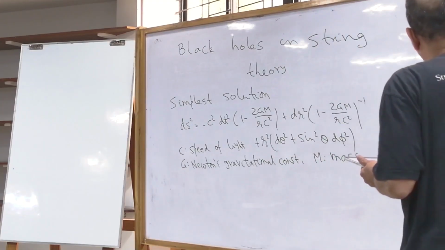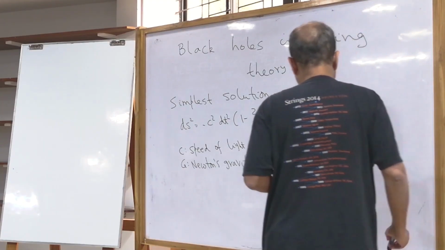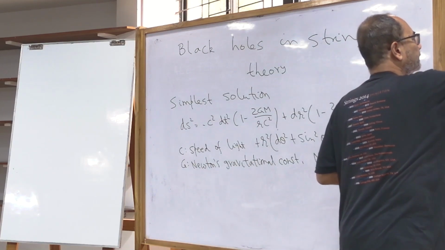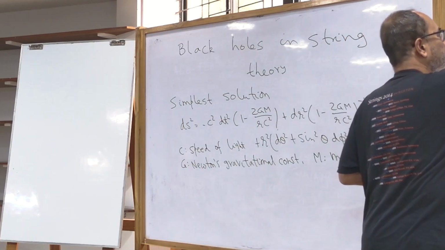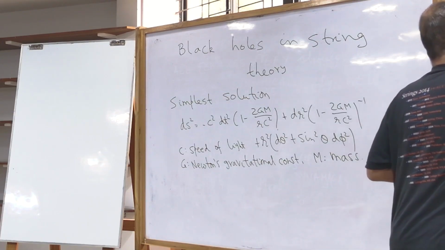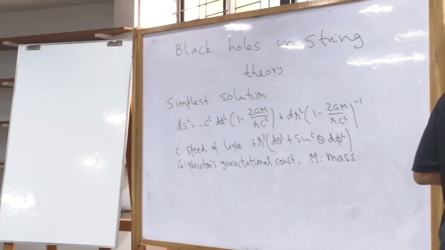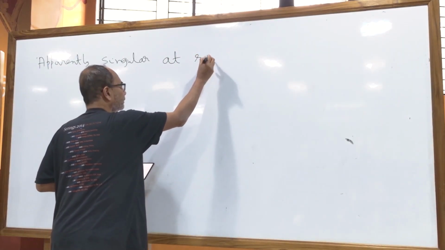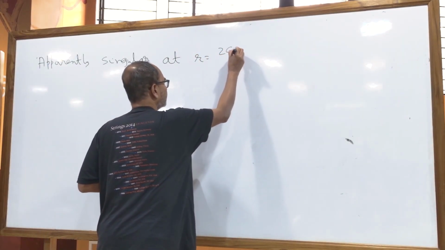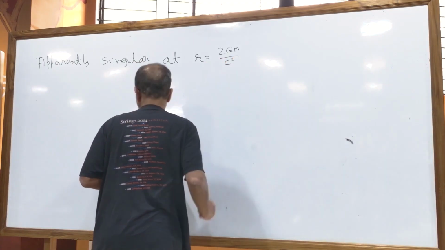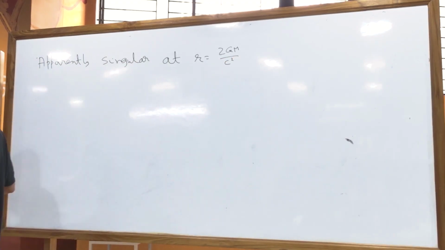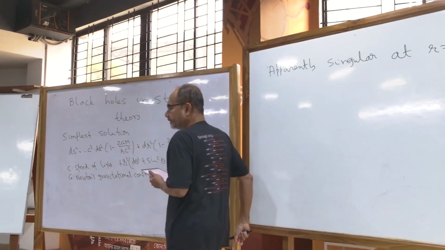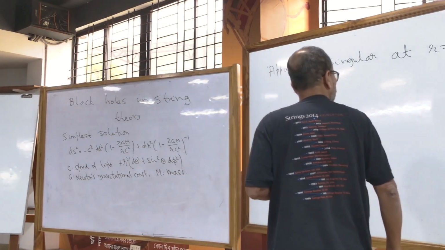So this metric apparently is singular. Because at r equal to 2GM over c squared, this quantity is 0, and hence it gives you a divergent result.